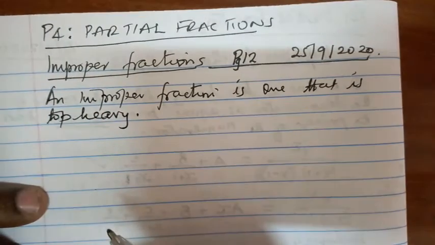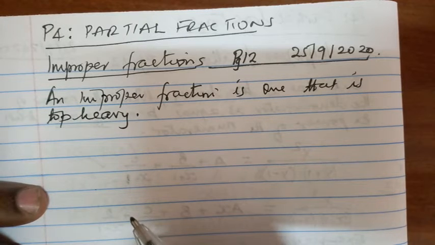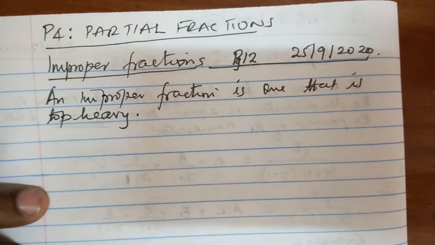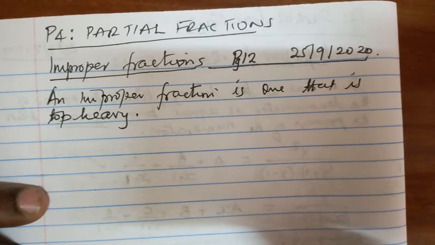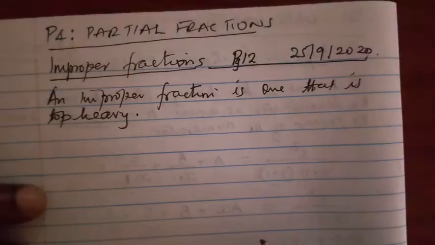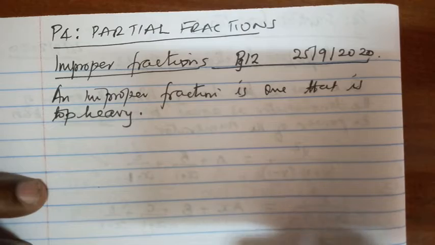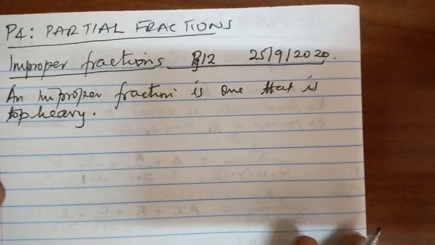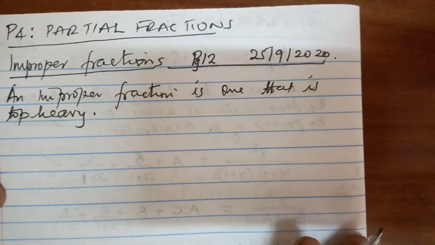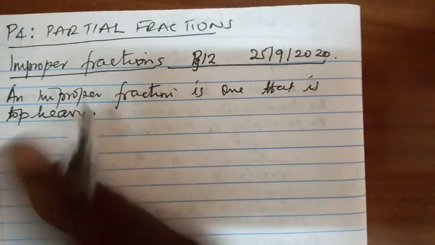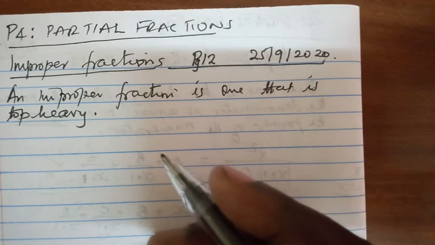If you continue reading there, where the power of the denominator is equal to or greater than the power of the numerator, I have a problem with that statement. I think it should be where the power of the numerator is greater than the power of the denominator, and we are going to see some examples.